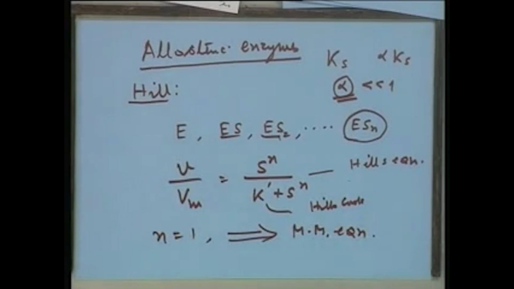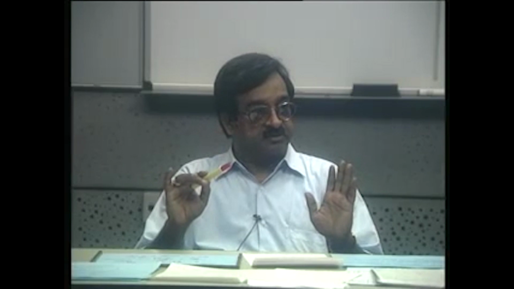What is Vm here, sir? Pardon? Vm. Now Vm here is the maximum reaction velocity, again when all these binding sites are occupied by the substrate. That means the substrate concentration is high enough.